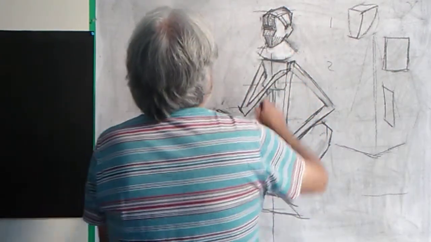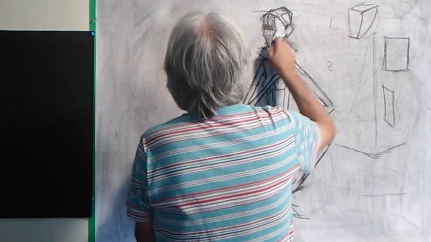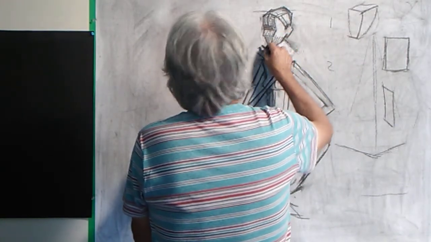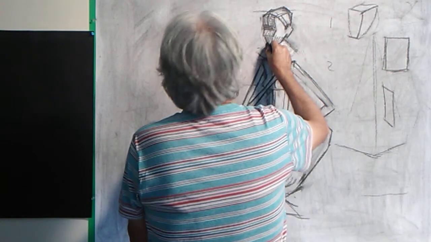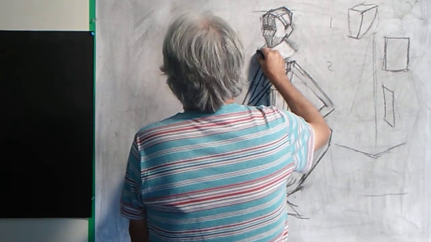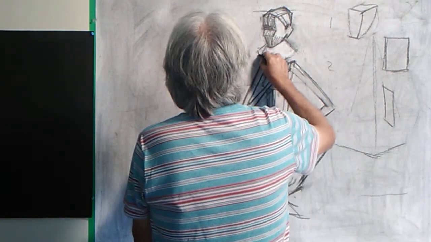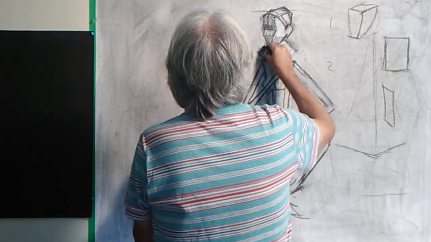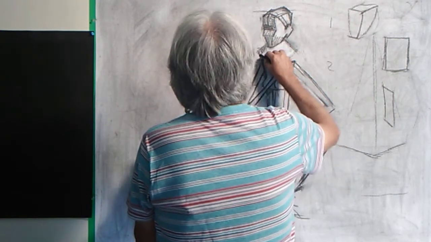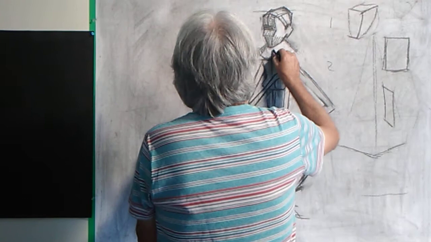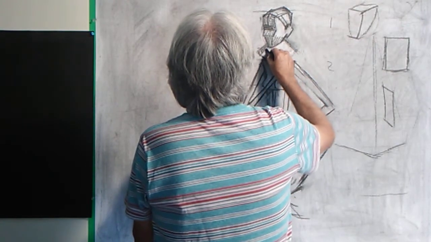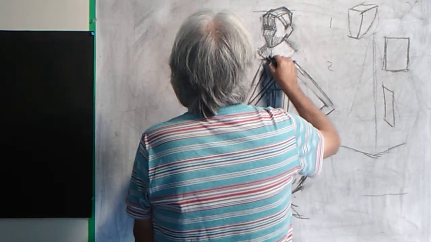So you can see the slight changes that we're trying to deal with. This collar comes out a little more like this. There's a plane break here, which means this is dark. This one turns this way, and there's a plane break here, which is a little lighter.